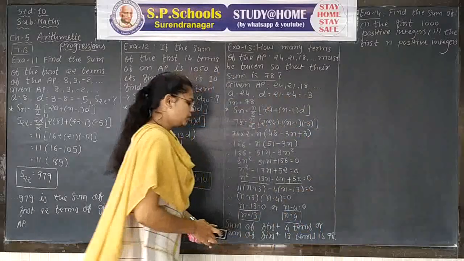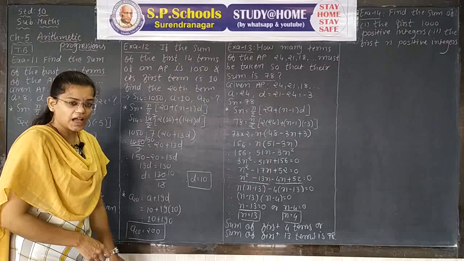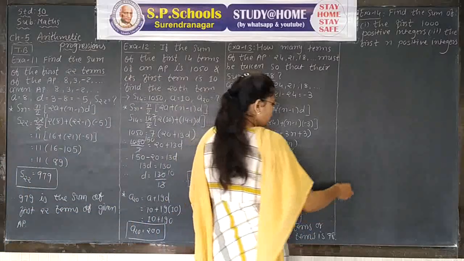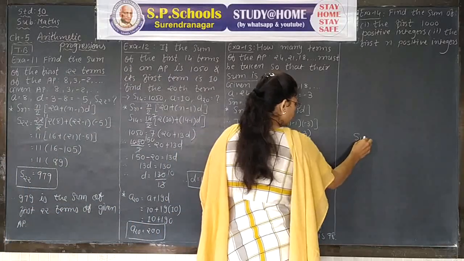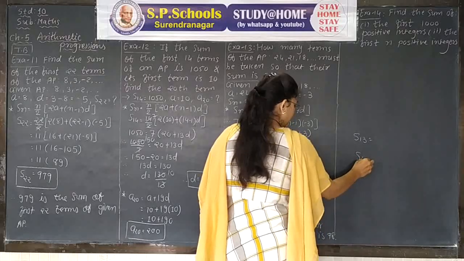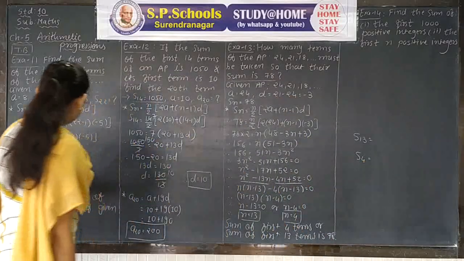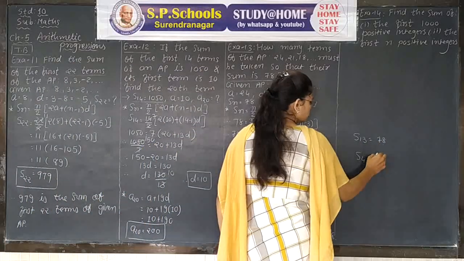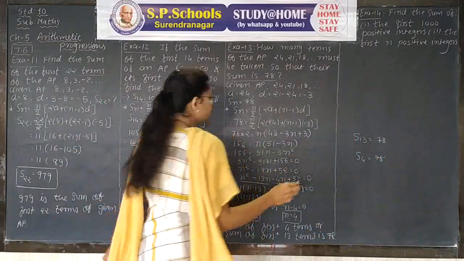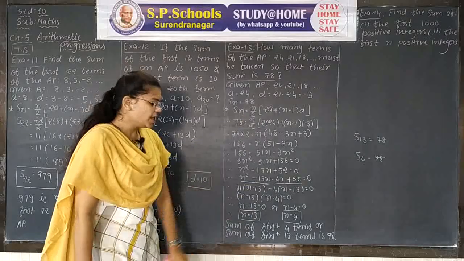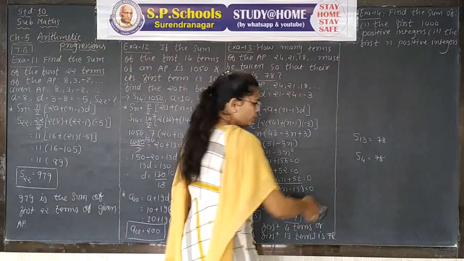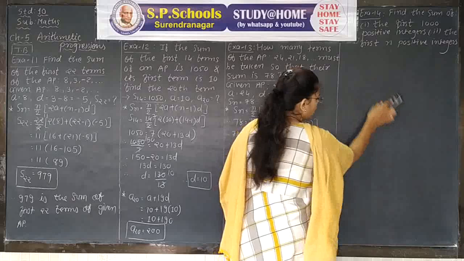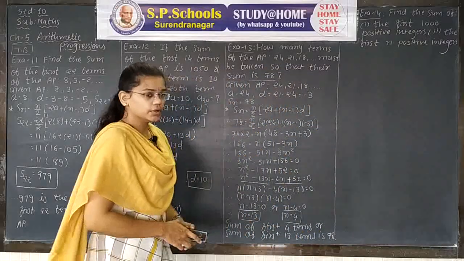If you are trying to check whether the answer is correct or not, using n is equal to 13 and n is equal to 4, find S13 and find S4, and you get 78 in both. Use example number 11 to verify whether the answer n is equal to 13 or n is equal to 4 is correct or not. Let's see the next one, example number 14.